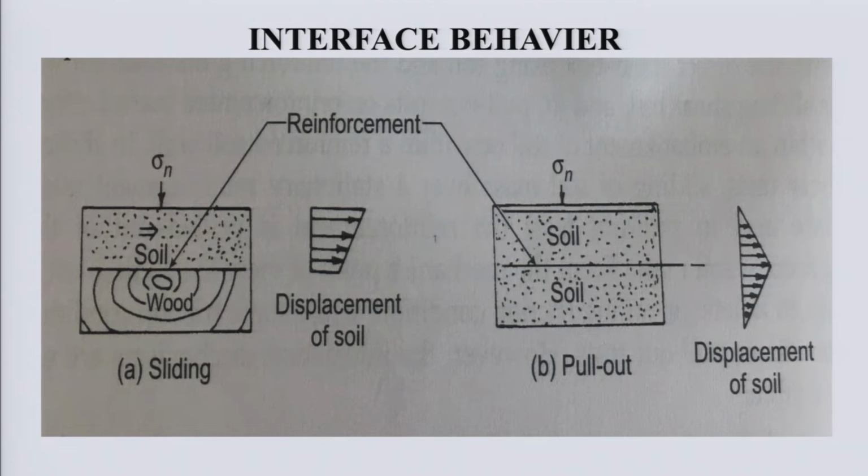This is a sliding test. Here the soil, this is the wood, this is the displacement. Once the force is applied, a normal load is applied on the soil system, and some sliding force is applied. So, we can see here, this is the reinforcement we have.